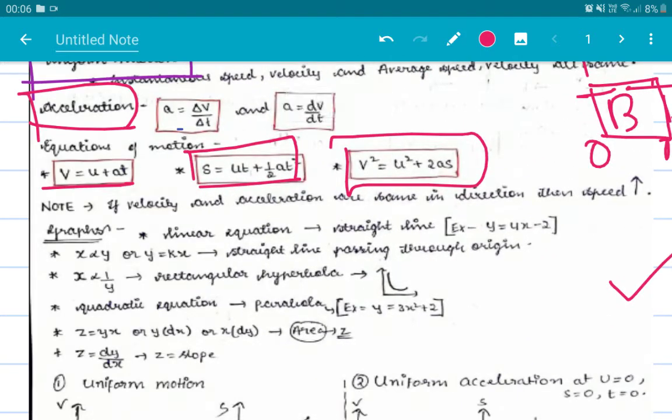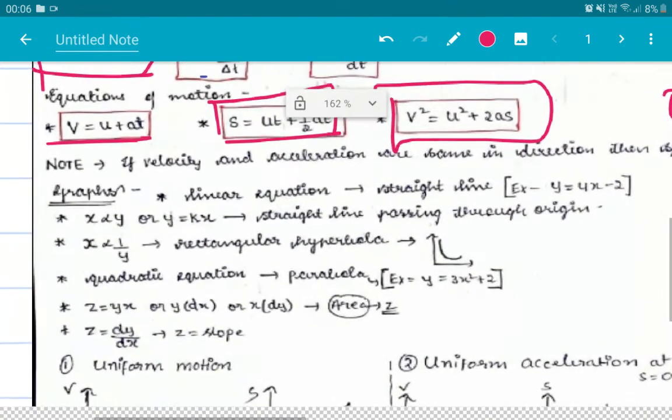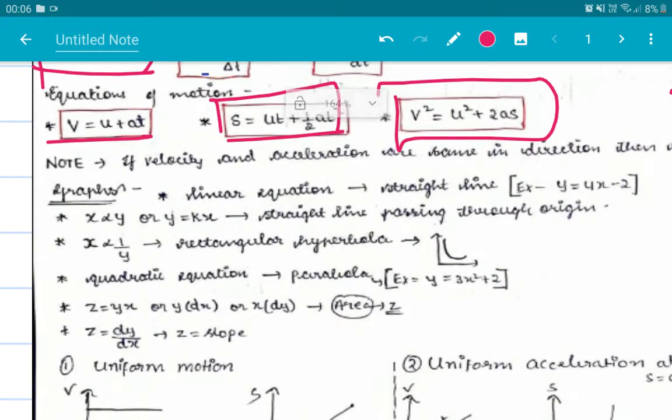Now the last topic, that is graphs. This is a very easy chapter, and graphs play a major role in entire physics, because we just can't understand a few things without graphs. Let us see how it is defined in graphs.